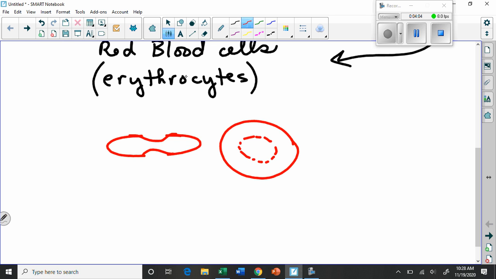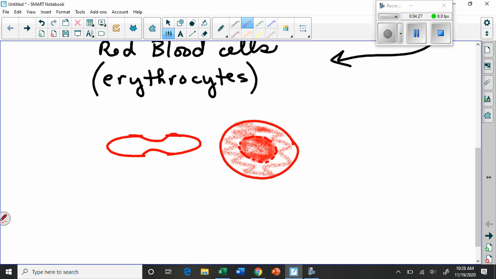Maybe I can shade it a little bit. This is more like a dent in the cell, so kind of like a darker region. So they look something like that.